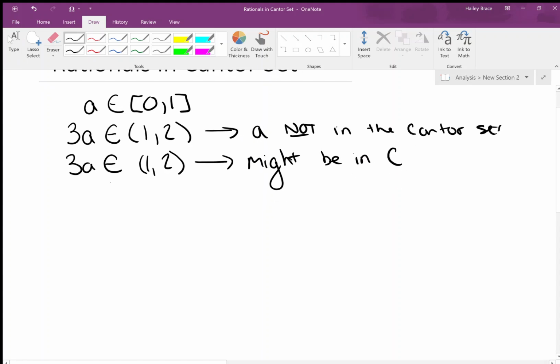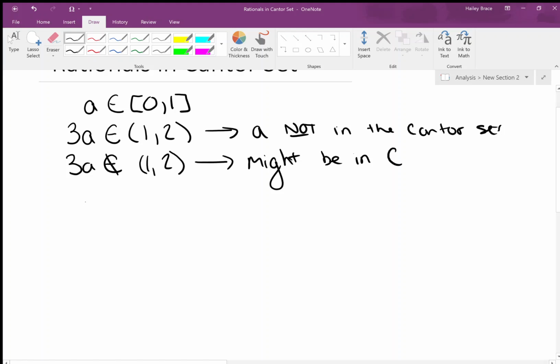So what we're going to do if we're in this situation where 3a is not in the open interval (1, 2), is we're going to take whatever 3a is, and if 3a is less than 1, so if it's on the left side of this interval, then we're going to multiply it by 3 again. And if it's greater than 2, so if it's on the right side of the interval, we're going to subtract 2.